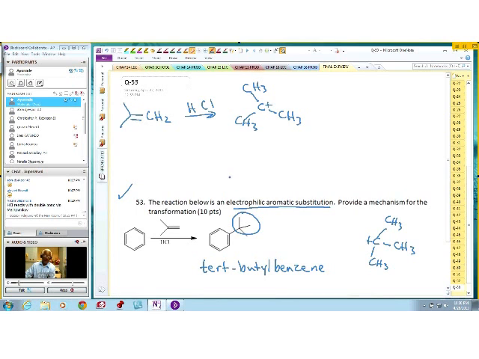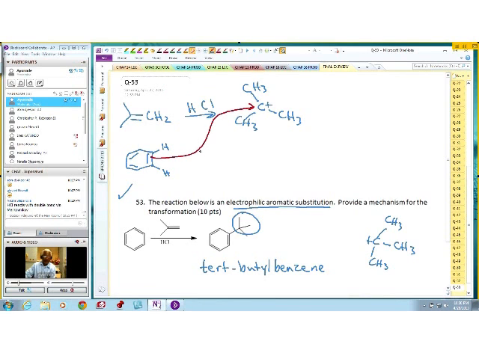Once you form this, you now come to your benzene, because you are told to give the complete reaction mechanism. So now the benzene has this pi electron here, which attacks the electrophile.